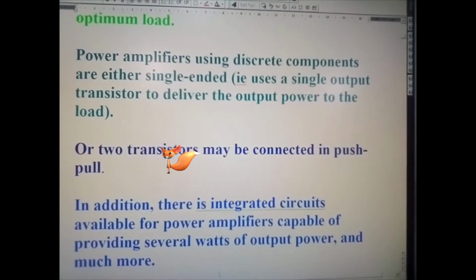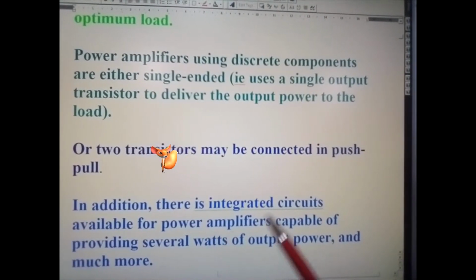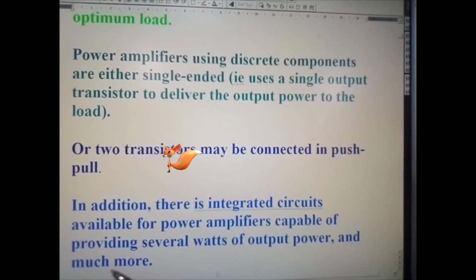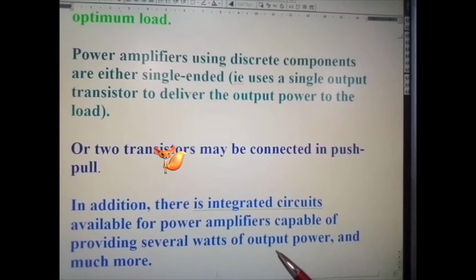Now, in addition, there are integrated circuits available for power amplifiers capable of providing several watts of output power, and much more.